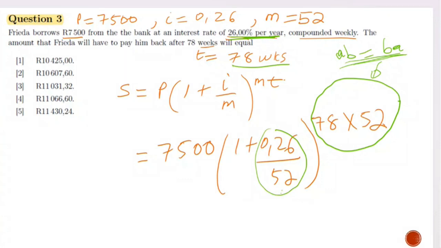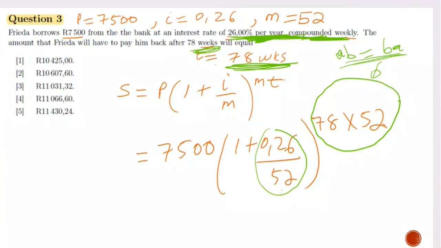Because if your T was in years, you'd have to convert it to weeks. But everything is in weeks here. This was the problematic one. This was compounding weekly, but it was per year. You needed to first convert it so it can reflect the weeks.